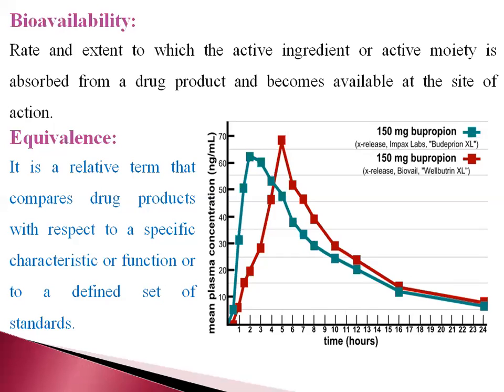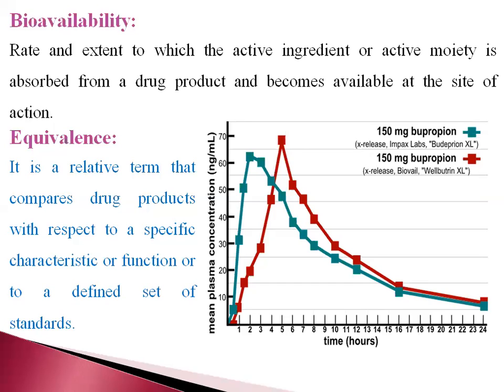And equivalence means what? It is a relative term that compares a drug product with respect to a specific characteristic or function, or to a defined set of standards. That means whatever the standard drug, they have their own product characteristics. It is the same as that of other competitor drugs.